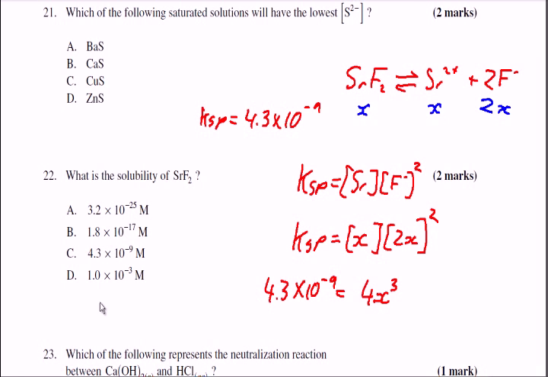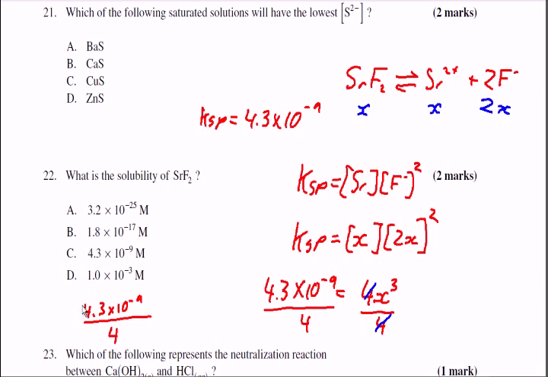Again, we're going to just do a little basic mathematics here, so I'm just going to move my equation over here where there's a little bit more room: 4.3 times 10 to the minus 9. I'm going to divide both sides by 4. So what I'm doing is dividing by 4 on this side and by 4 on this side, and that makes this go away.